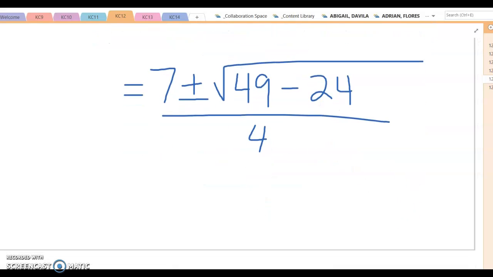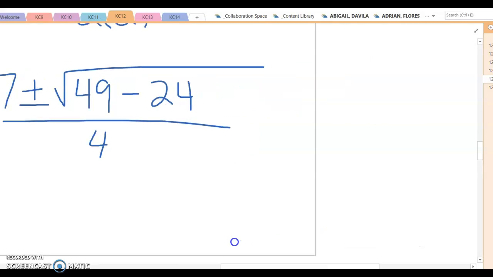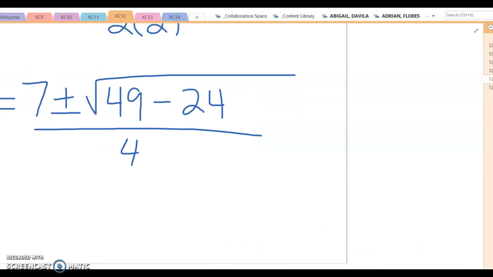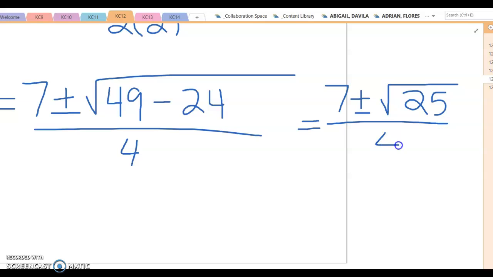Keep simplifying. Let's scooch it over here a little bit so we can save as much room as we can. So 7 plus or minus the square root, 49 minus 24 is 25, all over 4.